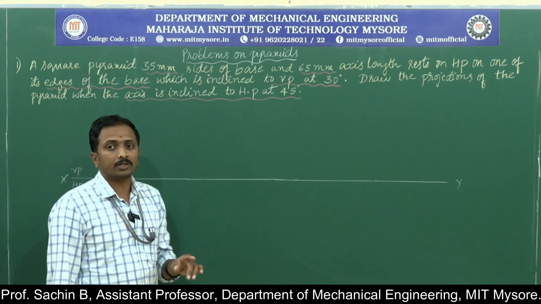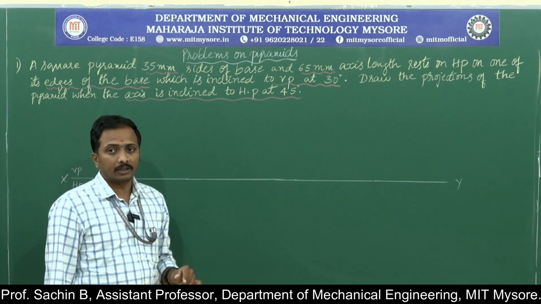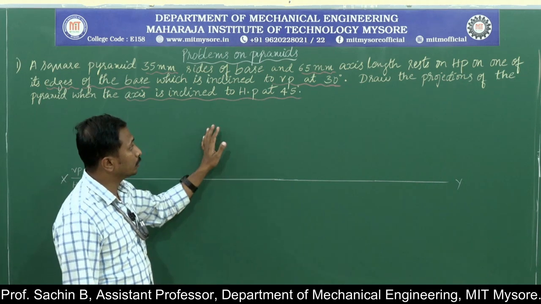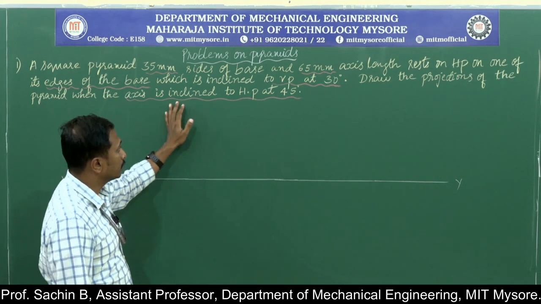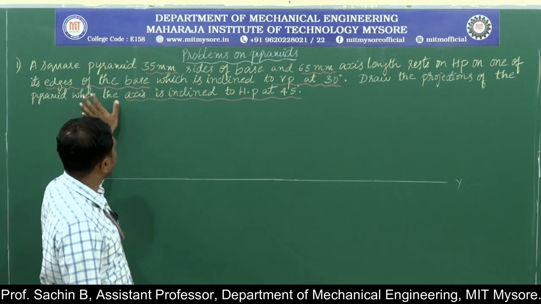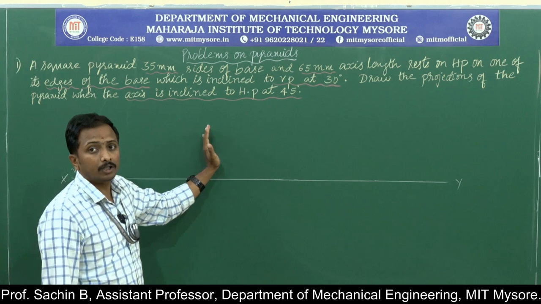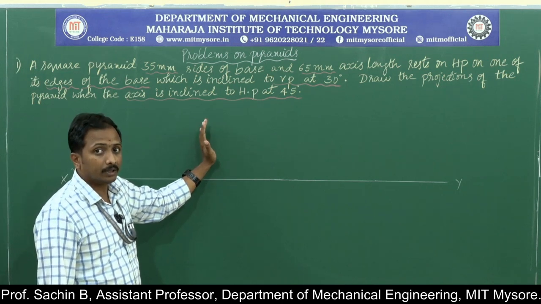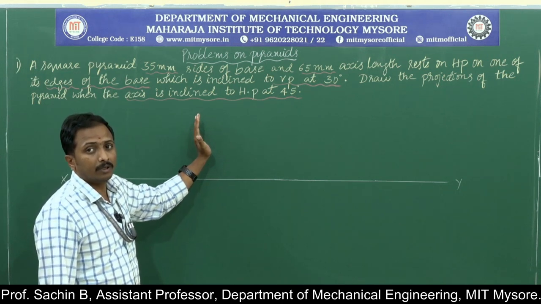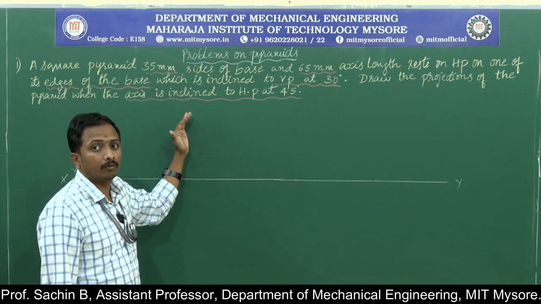Now we need to construct a square of sides 35 millimeter, and the condition is very clear here, that is, one of the base edges of the pyramid is resting on HP. Here they clearly say that the first position will be resting on HP, not on VP.